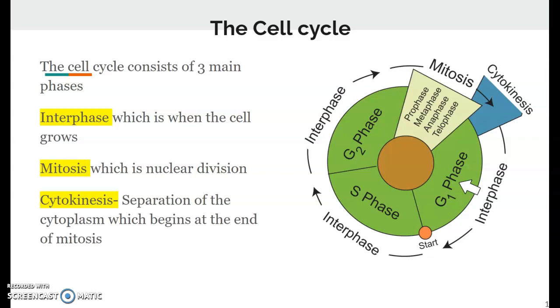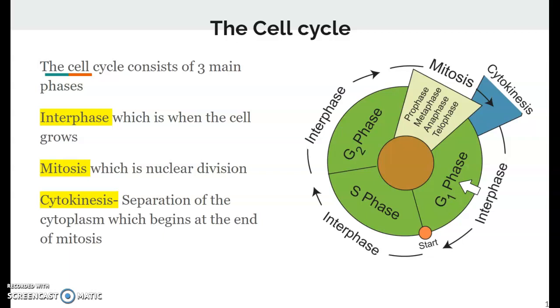So let's finally get into the cell cycle. It consists of three main phases: interphase, mitosis, and cytokinesis. As I said before, interphase is when the cell grows. Mitosis is when nuclear division actually happens, and I'll fix that definition.